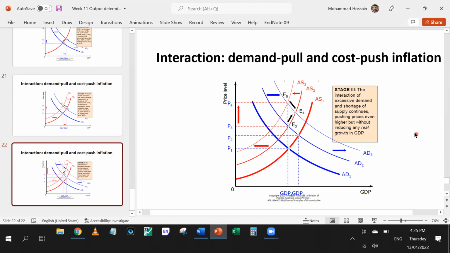The prices go high, which is known as cost push inflation. So there are two types of inflation: demand pull and cost push. Demand pull means that when people are demanding more but the supply remains the same, the price goes high. And cost push means that to produce the item, the cost price is high. That is cost push.